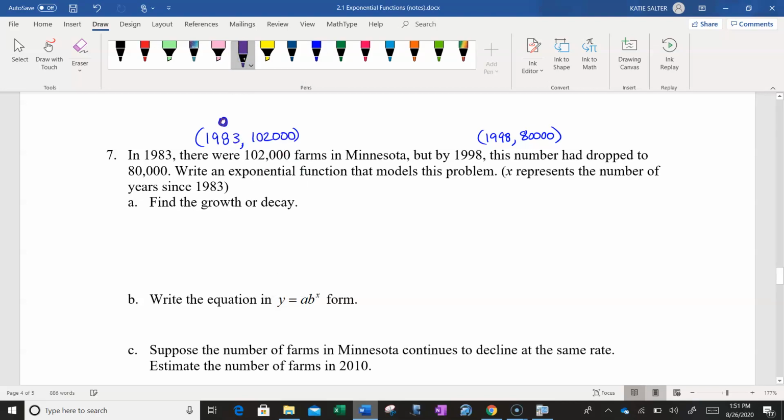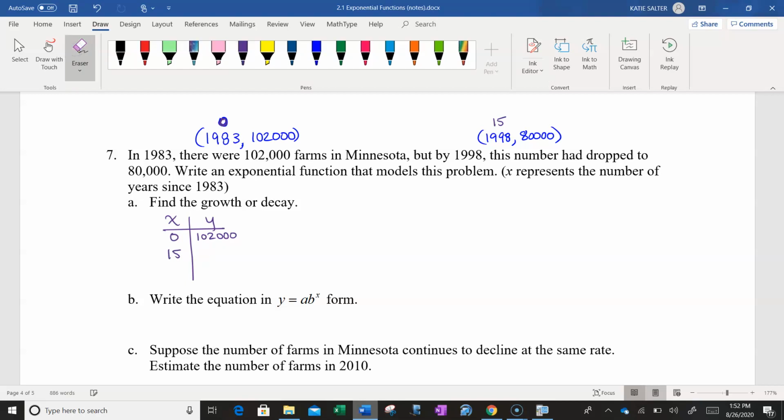And since 1998 is 15 years after 1983, we'll let this be 15. So I'm going to set this up in a little table. So when x is 0, we have 102,000. And when x is 15, we have 80,000.